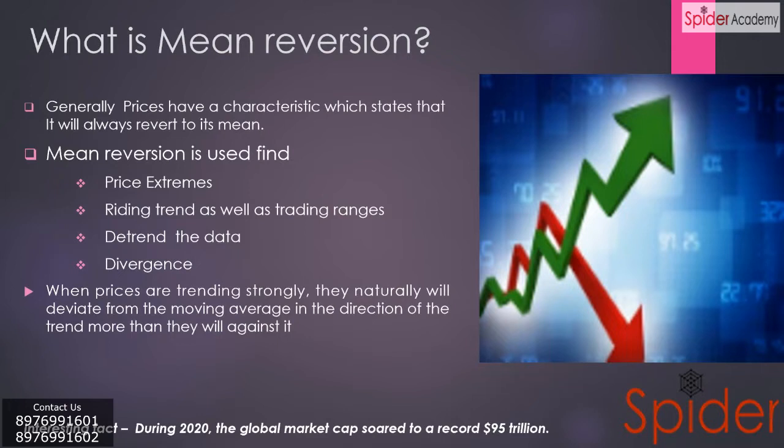Now, detrending, I'll show you in some time how it actually looks. And divergence, of course, you might know the RSI divergence, or there are many people who are using MACD divergence as well. But using the setup which we are going to make, the divergence which we are going to use is with respect to the context.